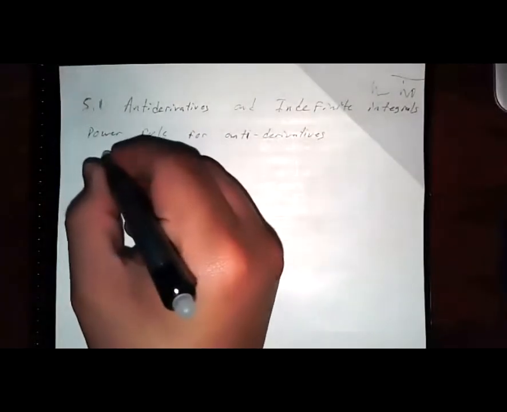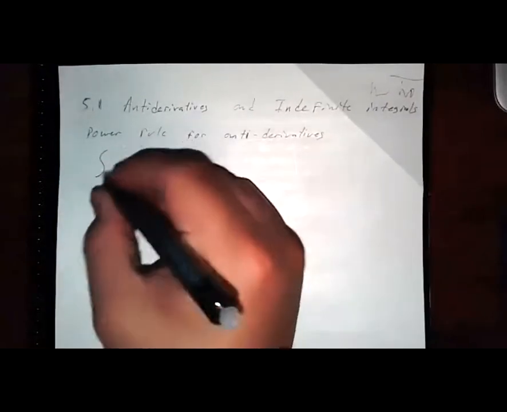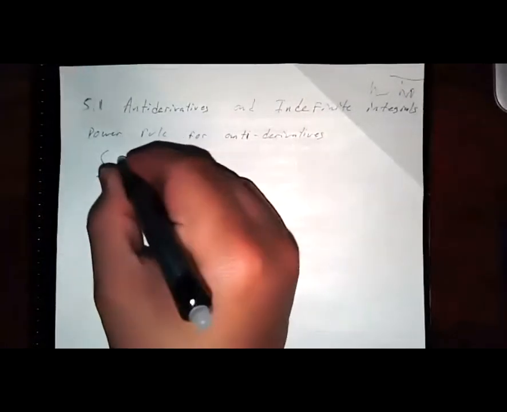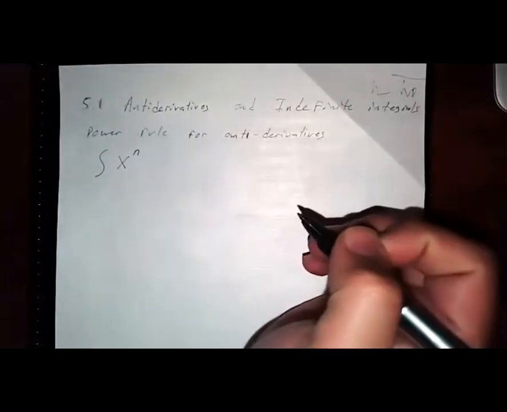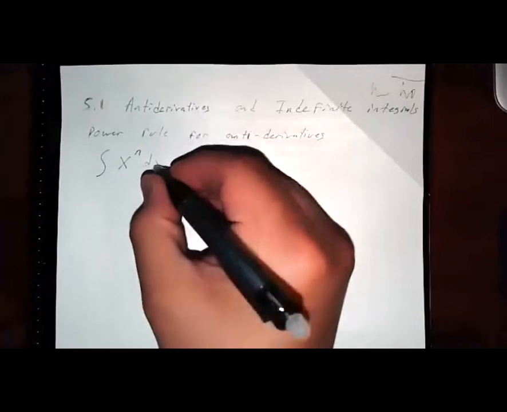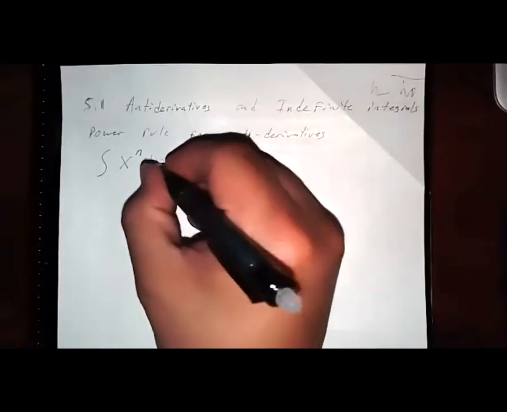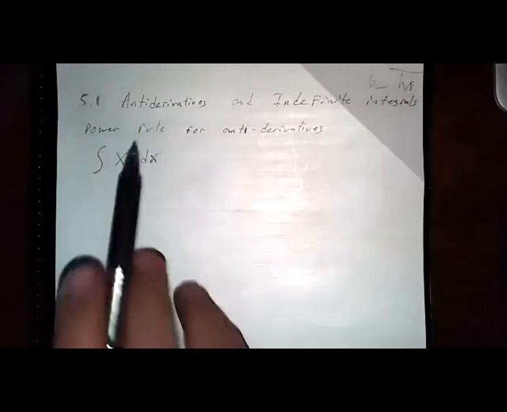Suppose you have an integral. This symbol right here means antiderivative or integral. And you have some power function, x to the n. When you see this dx, you're integrating with respect to x. The function is in terms of x, and n is some power.